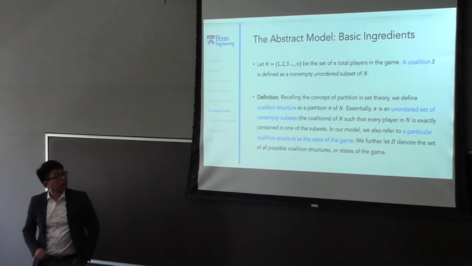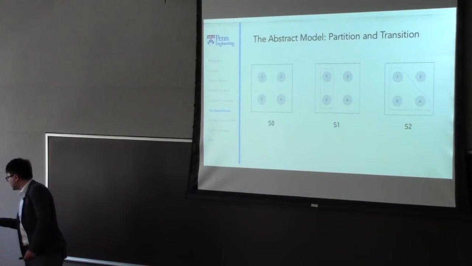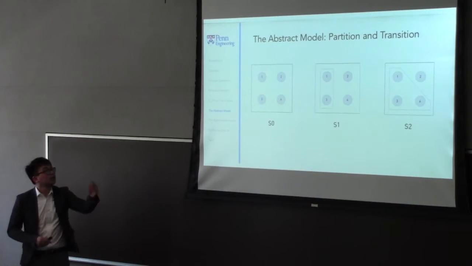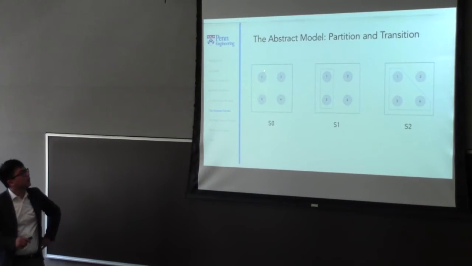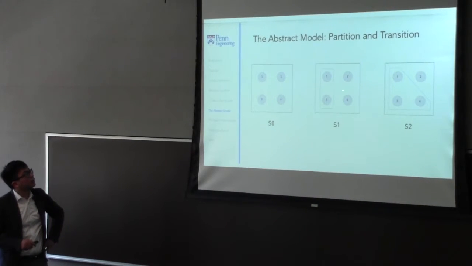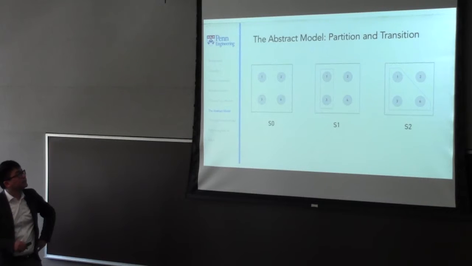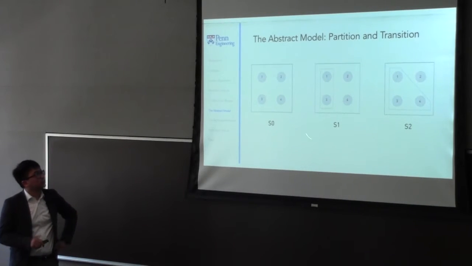I think I had the chart somewhere. That's easier to see. If you think about the N equals 4 scenario and a partitioning here, S0 is a partitioning where each one is in its own coalition. S1 is another partitioning, S2 is another one. This is what we call a coalition structure.